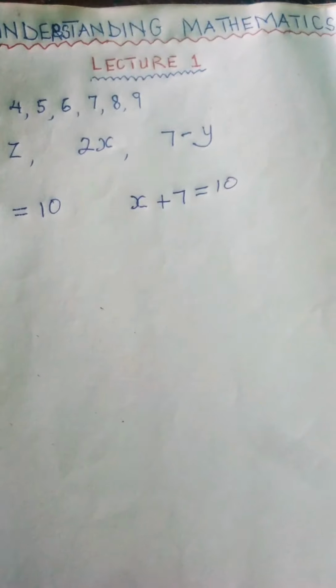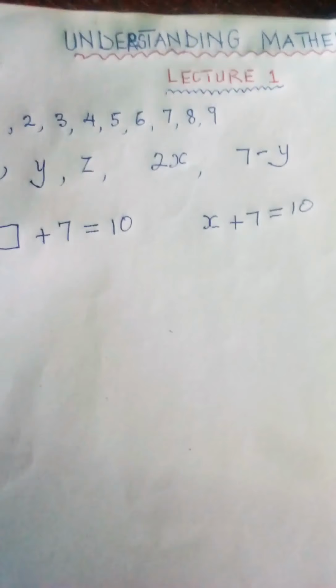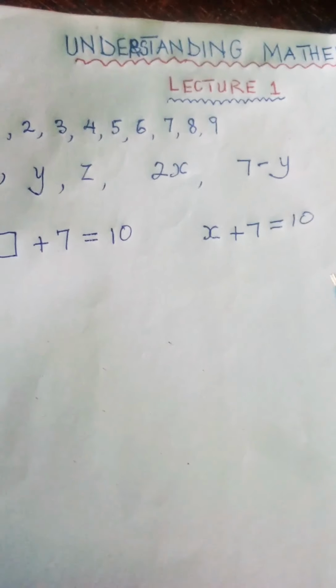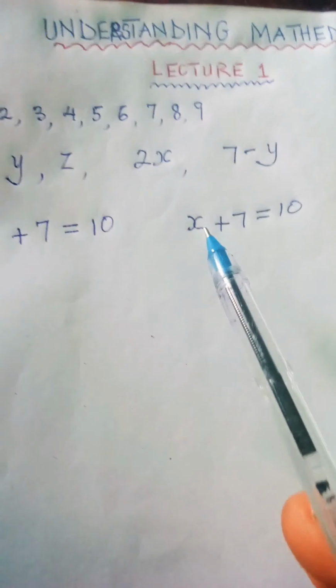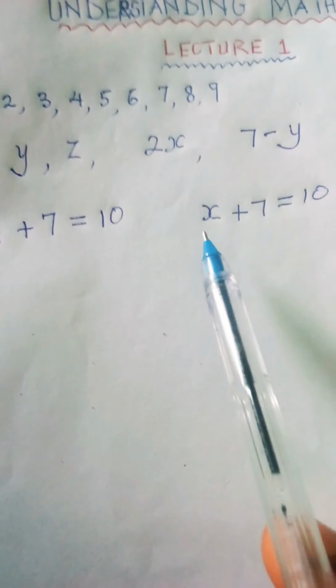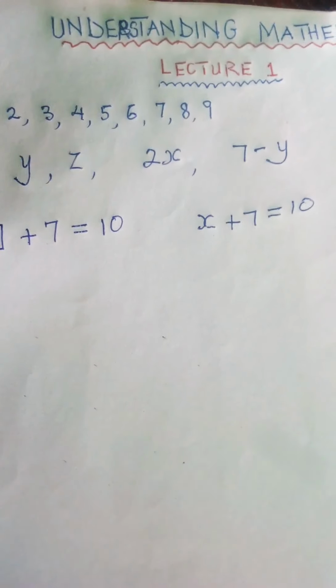We were doing virtually the same thing, asking you to find a number that will replace this letter. That is exactly what you were asked to do here, but here you use your mind. But here you are to find a number which, when added to 7, will give you a 10.